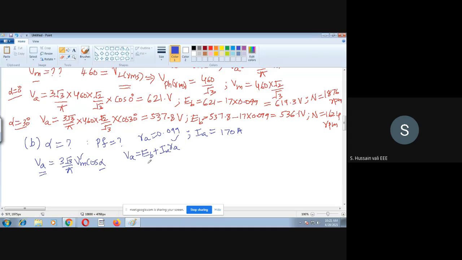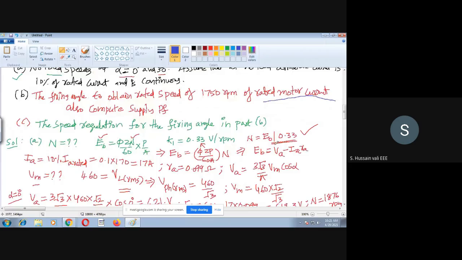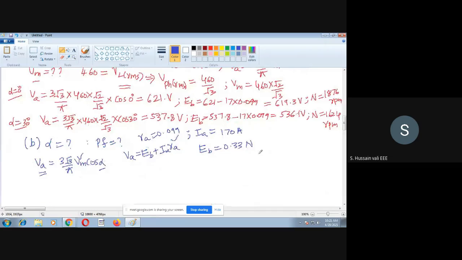How to find out Eb? To find out Eb, you have an equation for Eb. Just now we have seen that Eb is equal to 0.33 into N. Just check whether this equation is correct or not. Yes, that equation I know. So directly we will substitute now here. 0.33.